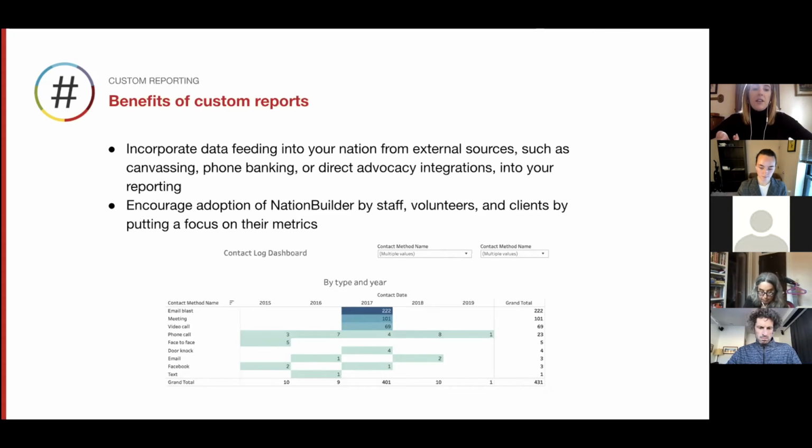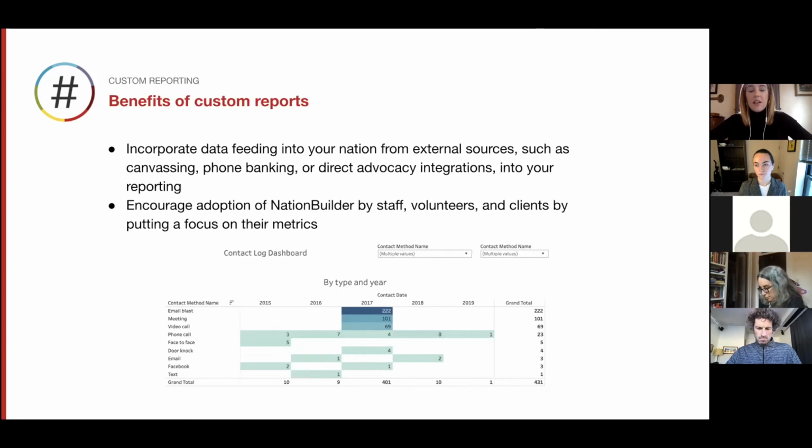And then finally, with utilizing any CRM tool in general, this is not NationBuilder specific, adoption is always hard to come by, especially if the system is newer. So if you're asking people to log contacts, update path activity, or input donations manually, anything where you're trying to make sure your data is as robust as possible and you're getting the most value out of people adding information into the system, this is a way for you to keep track of that, not only for your supporters, but also for your team.